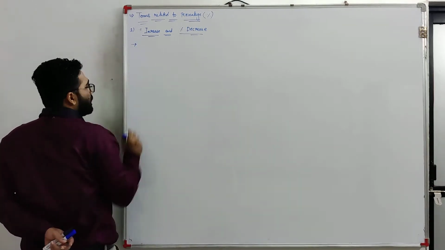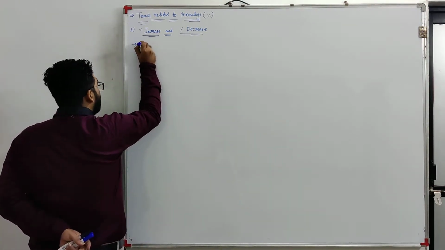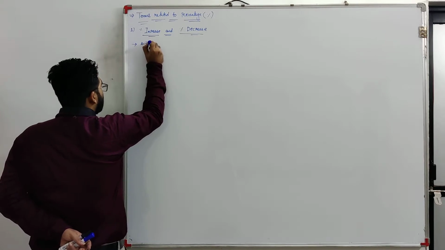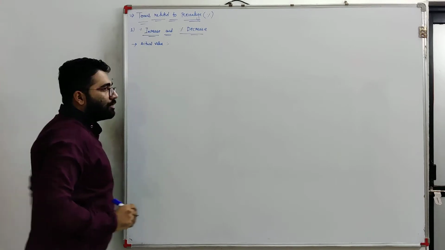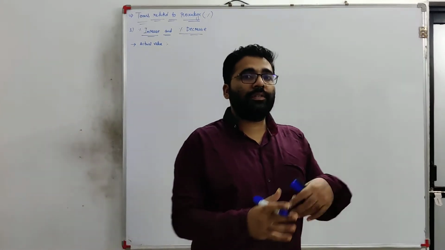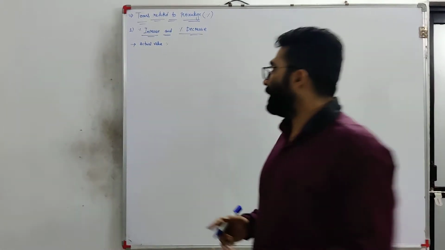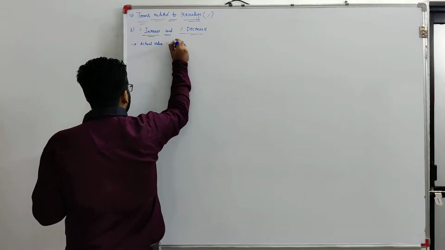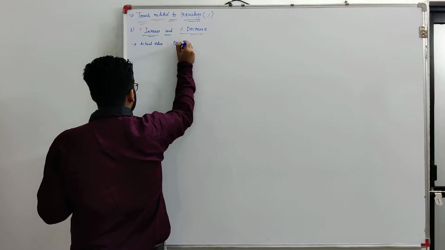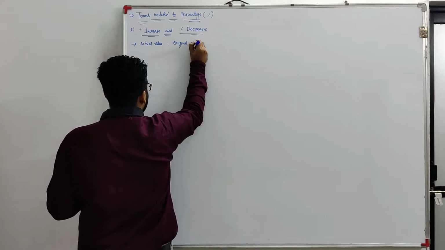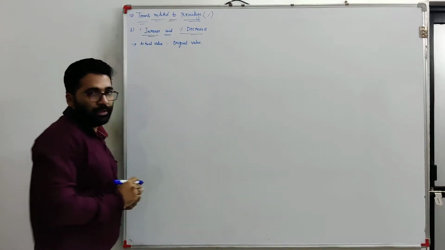Here we find some words like actual value. What is the actual value? It is the value that was present previously, the first value or original value. Original value is called the actual value.